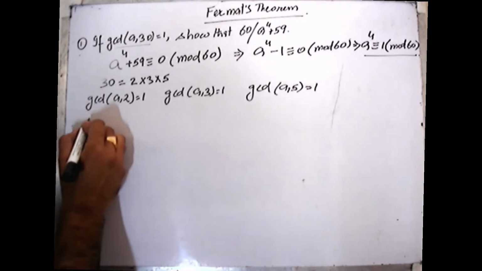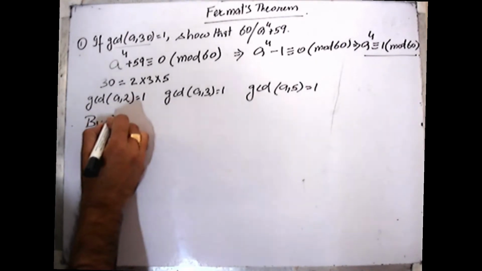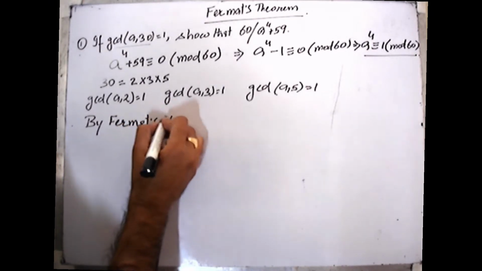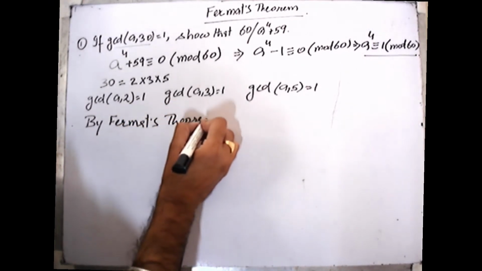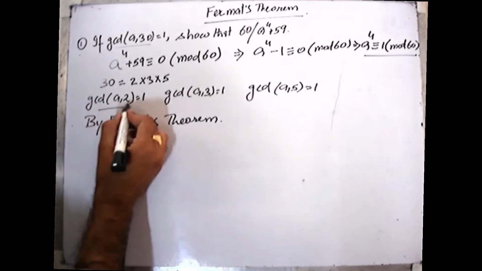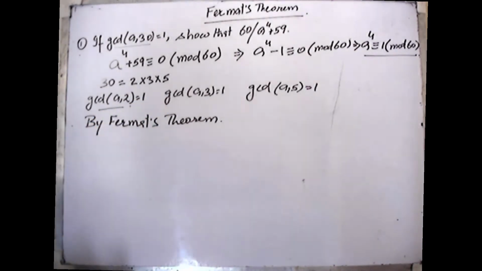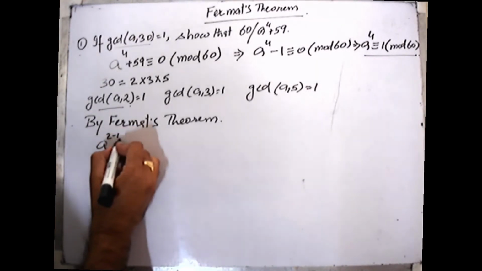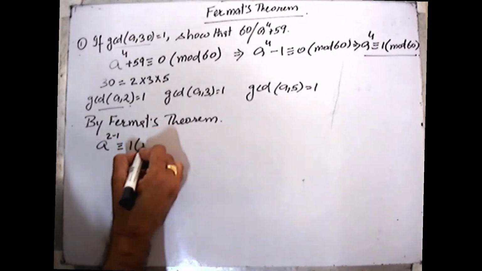Now by Fermat's theorem, 2 is a prime and 2 does not divide a. That means a power 2 minus 1 is congruent to 1 mod 2.